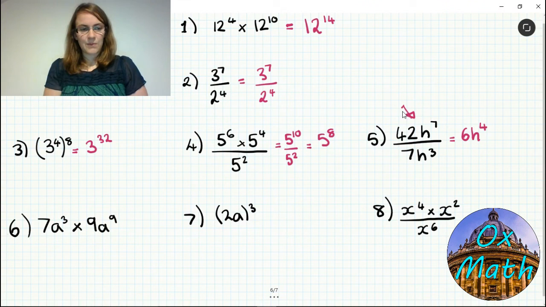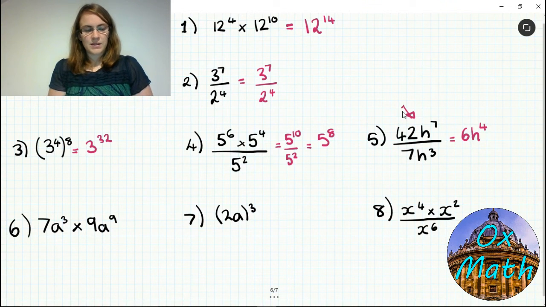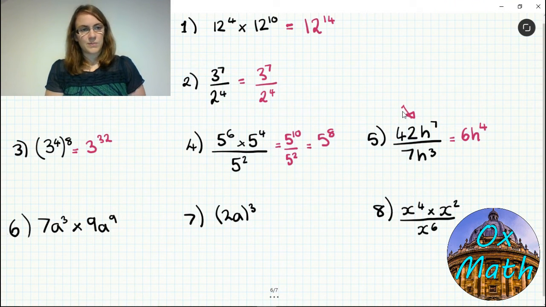So similarly with number 6, this means that we've got 7 in the multiplication once, a in the multiplication 3 times, 9 in the multiplication once, and then a in the multiplication 9 more times. And remember, the order of multiplication doesn't matter. It doesn't matter if you do 2 times 3 or 3 times 2, you will end up with 6. So we can actually multiply the number parts first.